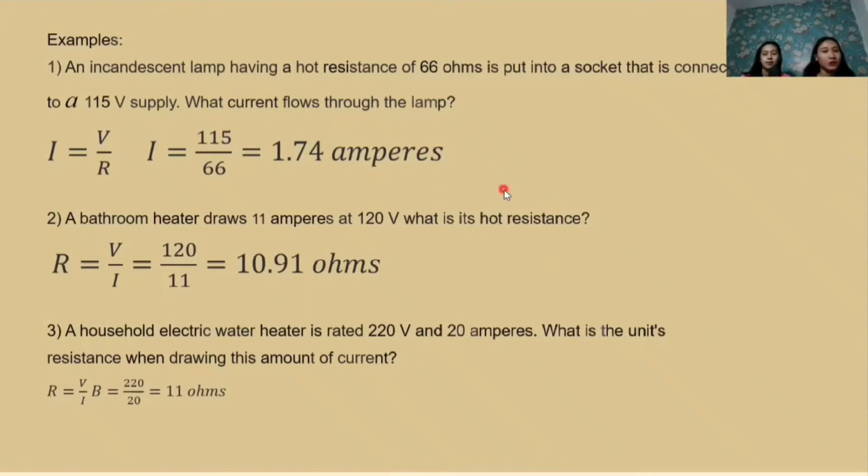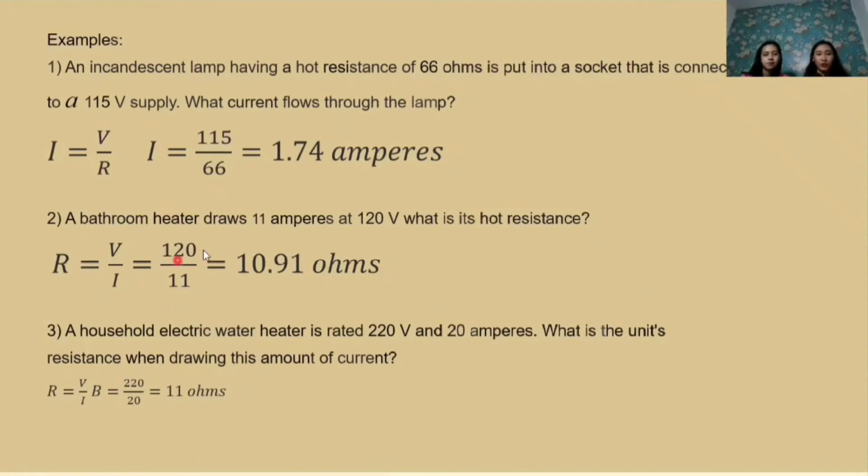That's simple. So for example number 2, a bathroom heater draws 11 amperes at 120 V. What is the hot resistance? To get this, you're just going to change the formula into R equals V over I, or current.